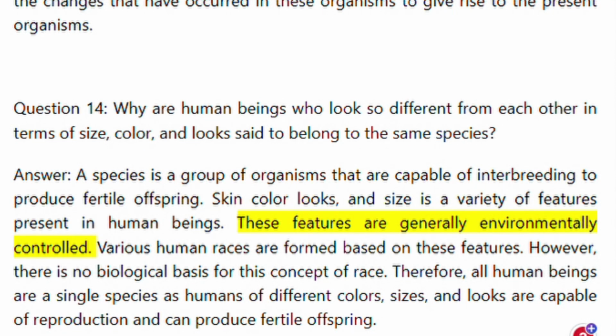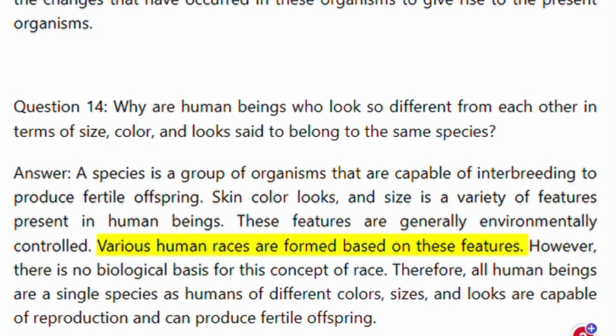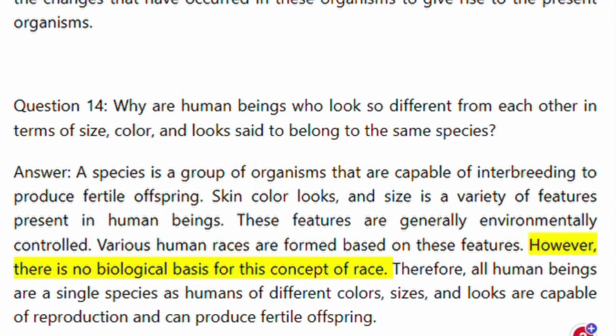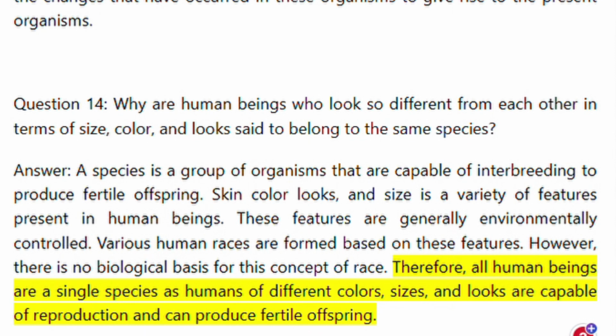These features are generally environmentally controlled. Various human races are formed based on these features. However, there is no biological basis for this concept of race. Therefore, all human beings are a single species, as humans of different colors, sizes, and looks are capable of reproduction and can produce fertile offspring.